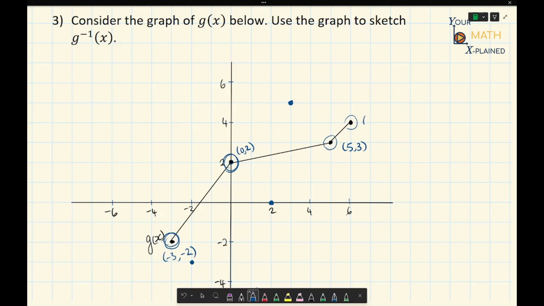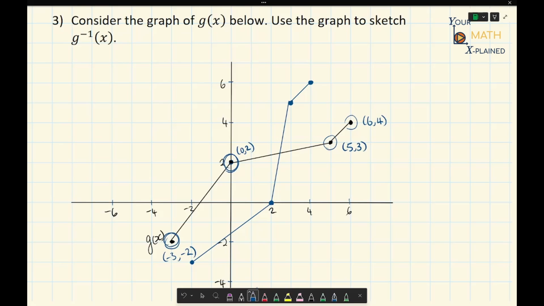And finally, our last point is 6, 4. So that is going to end up as 4, 6, which is right over here. Okay, so let's go ahead and connect those dots. So we have this one, and then this line, and then finally this line.